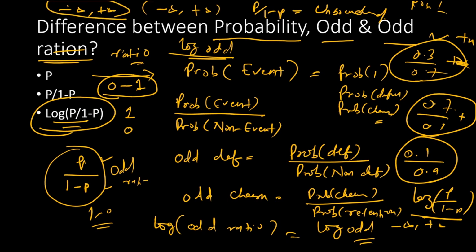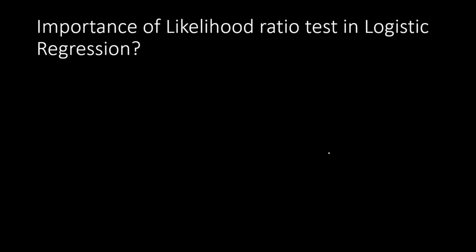So that's the intention. Another question that is often asked is what is the importance of the likelihood ratio test in logistic regression? Now this is important. Normally what people do is that once they have performed the logistic regression using any of the statistical software, directly they go into the results.